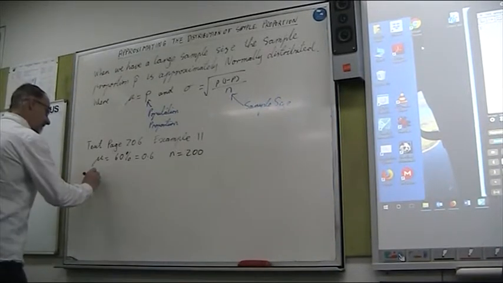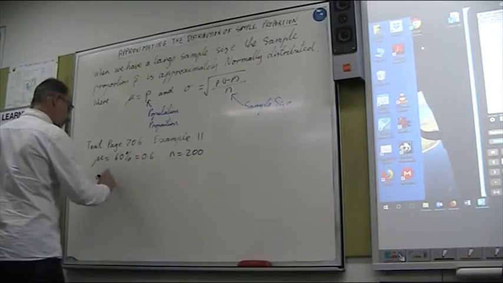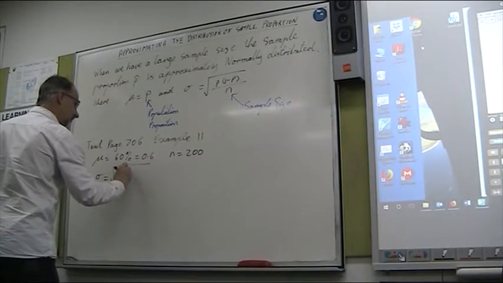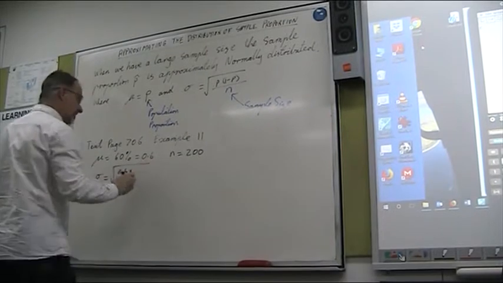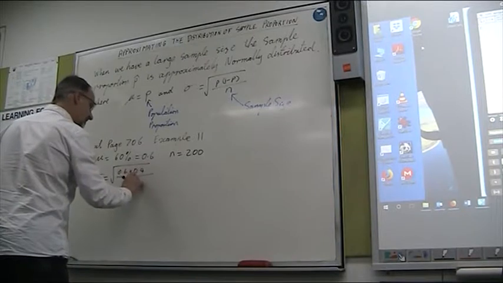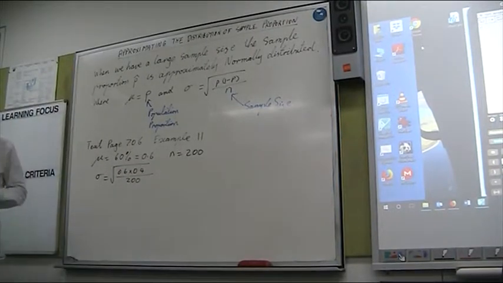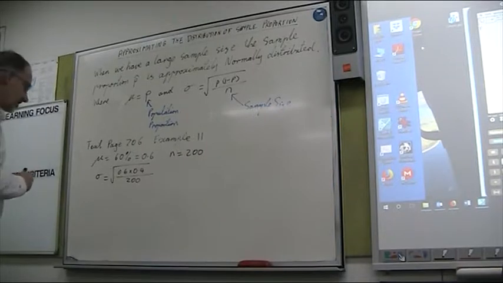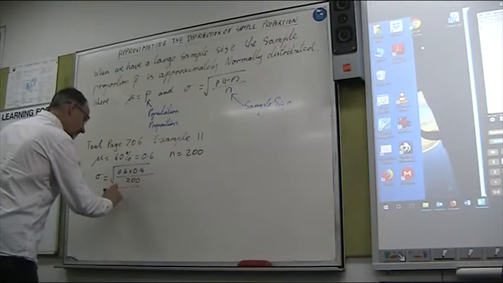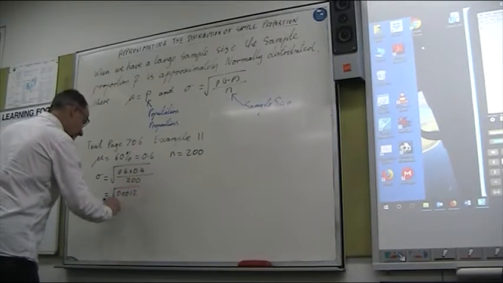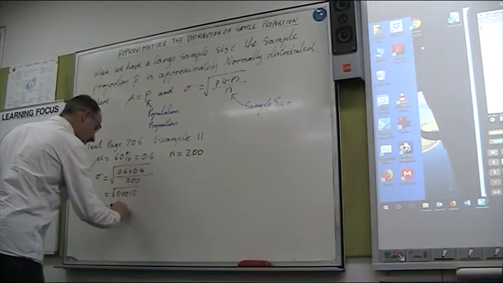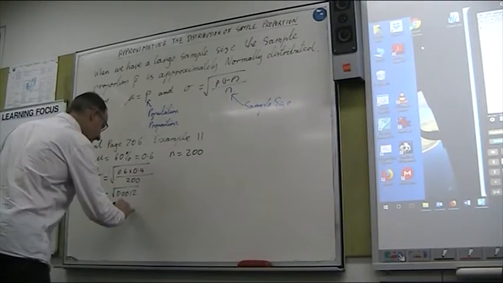So the standard deviation is the square root of P, which is 0.6, times 1 minus P, which is 0.4, over our sample size of 200. Because I've prepared this earlier, that becomes the square root of 0.0012, which becomes, to 4 decimal places, 0.0346.